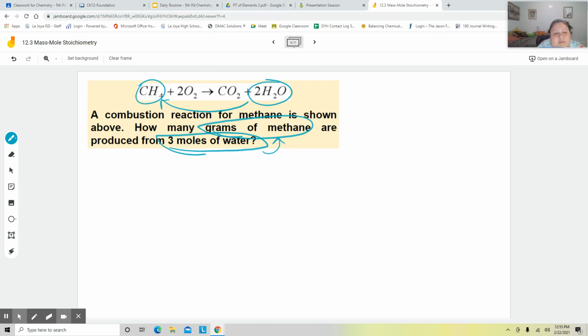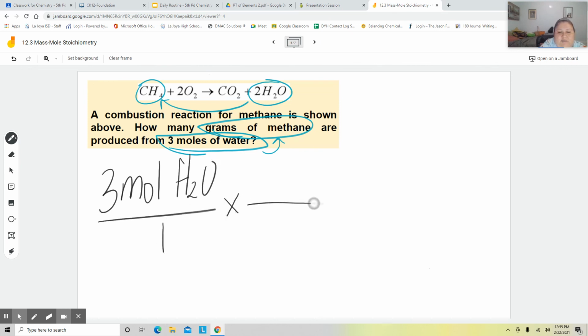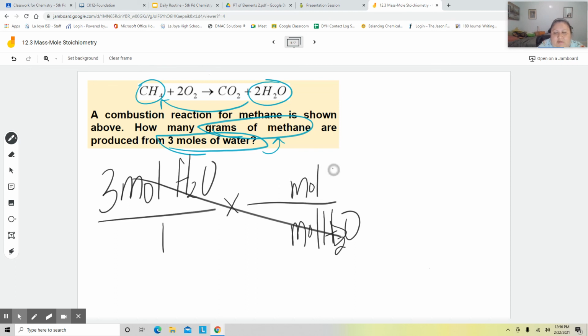Okay. So if I start off with 3 moles of water, H2O, I need to do dimensional analysis to cancel out moles of water and change it into moles of methane. So I'm going to put, the arrow reminds me that water needs to go on bottom. Methane needs to go on top.